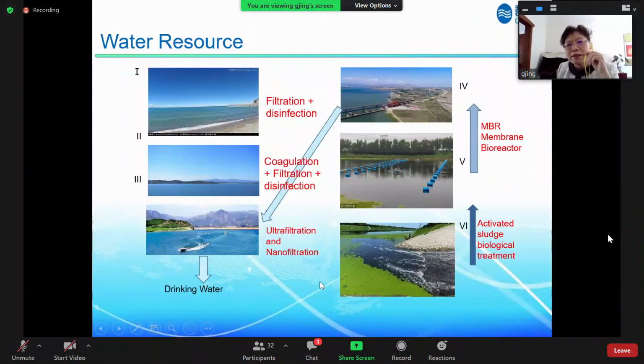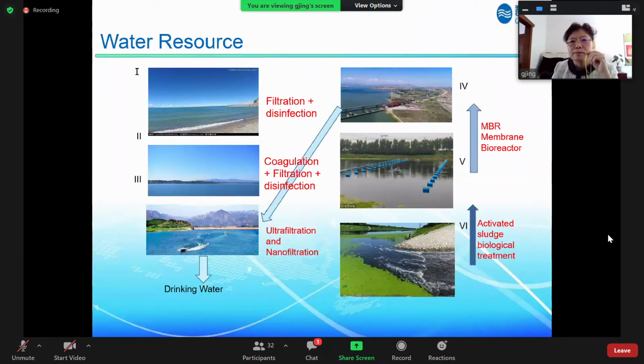In China, we classify water into 6 levels. I think the classification is similar in different countries. The first level to the third level can be used directly as a drinking water source.